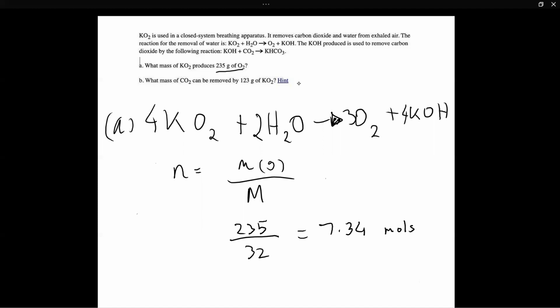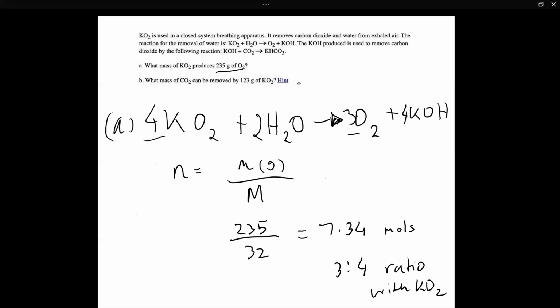Now you see, oxygen is in the 3:4 ratio with KO2, as you can see by the coefficients. What that basically means is for every 3 moles of oxygen produced, 4 moles of potassium oxide is consumed, or reacted.